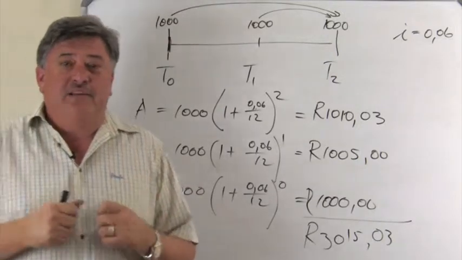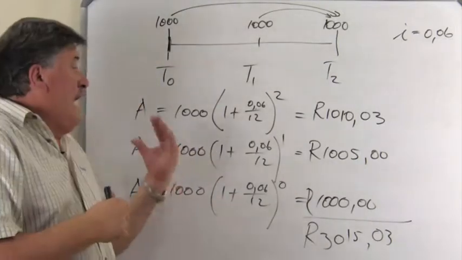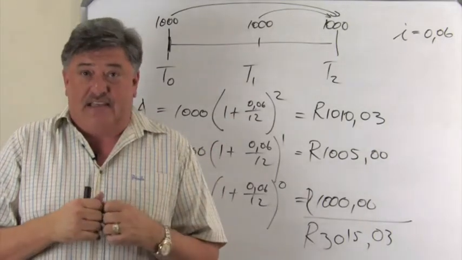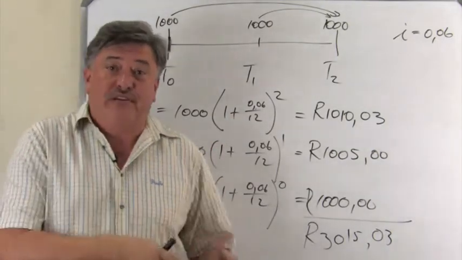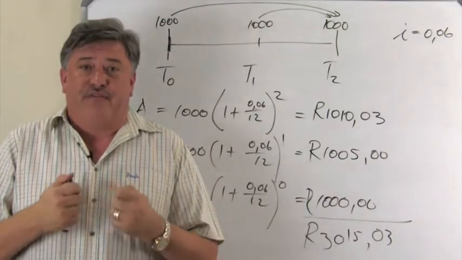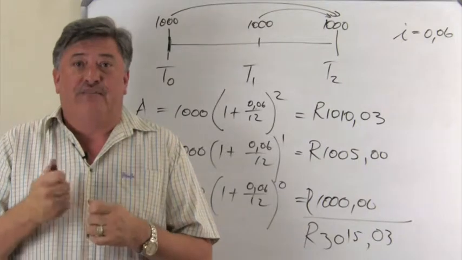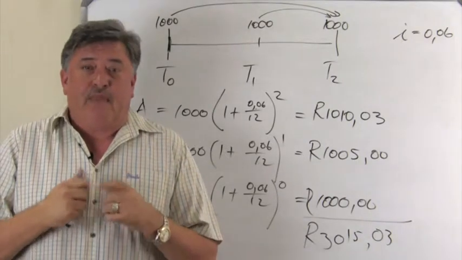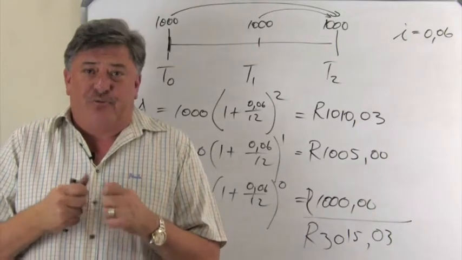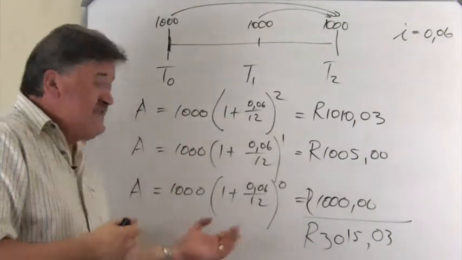So what I'm going to do now is the same problem with you as we just did using compound interest, but I'm going to use now the future value annuity formula. There is a formula for future value annuities, which means you don't need to do it all the time like this.